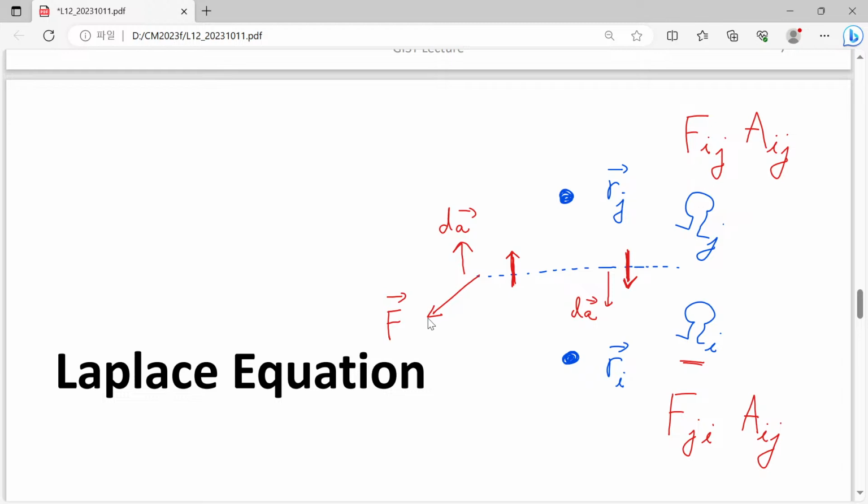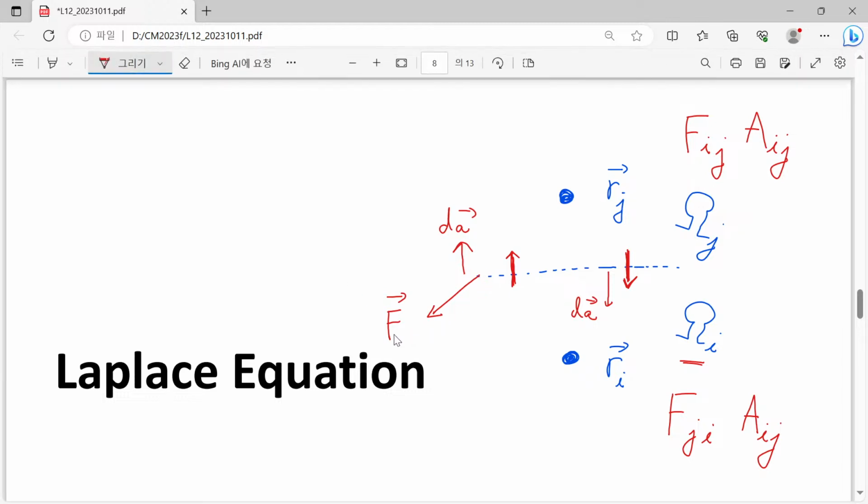So quite obviously, since the direction is the only difference, we can understand that Fij and Fji have a simple relation.